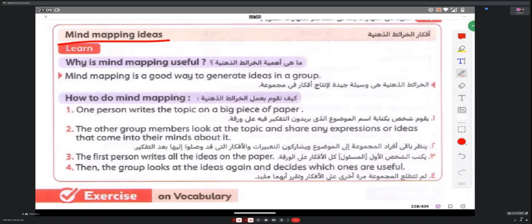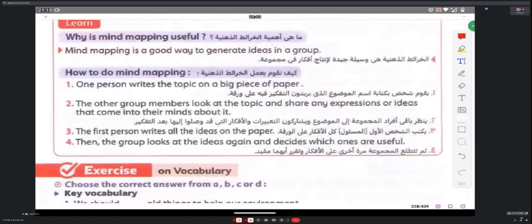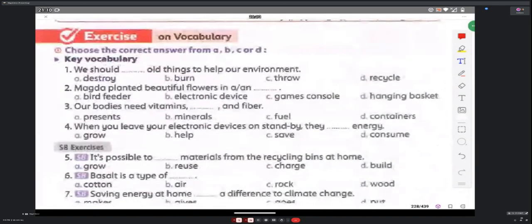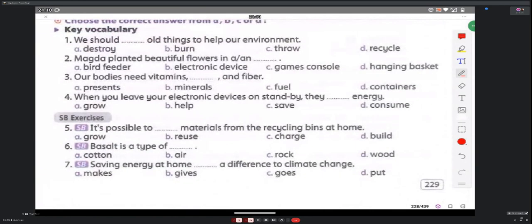The other group members look at the topic and share any expressions or ideas that come into their mind about it. The first person writes all the ideas on the paper. Then the group looks at the ideas again and decides which ones are useful. This is mind mapping.